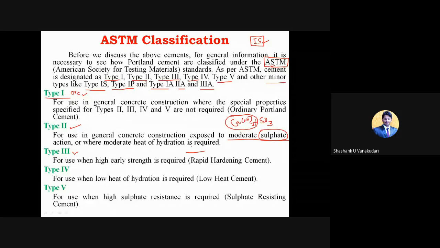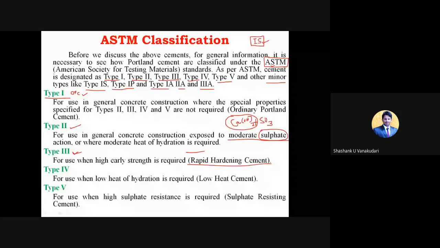Within that 28 days we get the higher strength, because it hardens at an earlier time and liberates a certain heat of hydration, which exhibits a certain amount of heat, so that it gives much more strength than the conventional one. So we can consider that type 3 cement, but as per our Indian standard code book, we have given the name as rapid hardening cement.